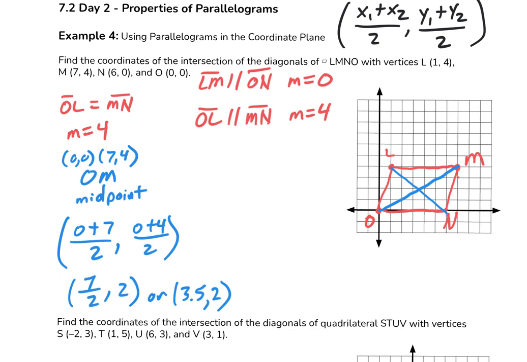We could do the same thing then for the other diagonal. We could do LN. I'm going to pick the 2 points that make up LN. L is at 1, 4. N is at 6, 0.